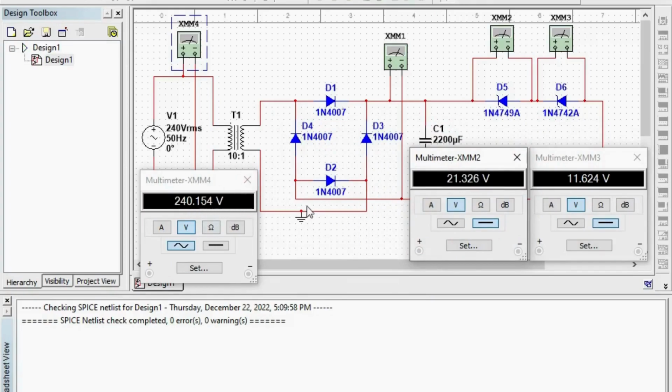You can see the three outputs are 240 volt AC, 24 volt DC and 12 volt DC.